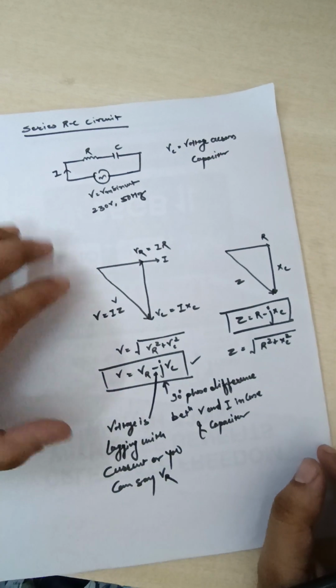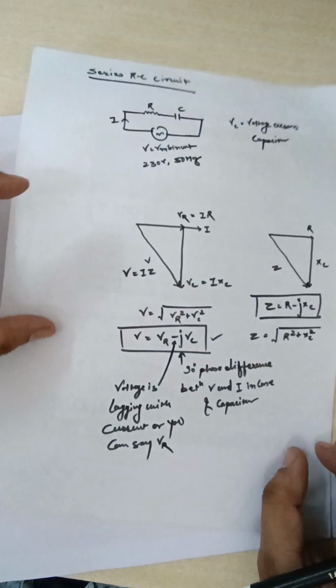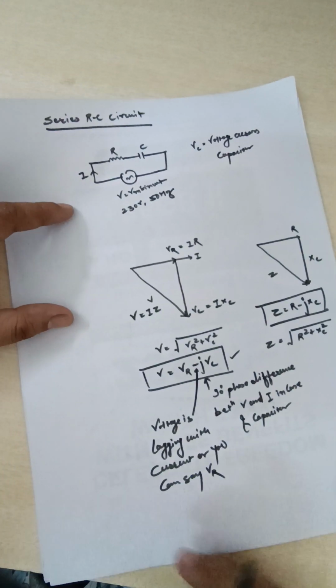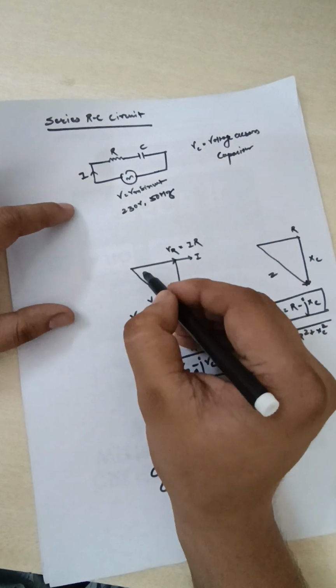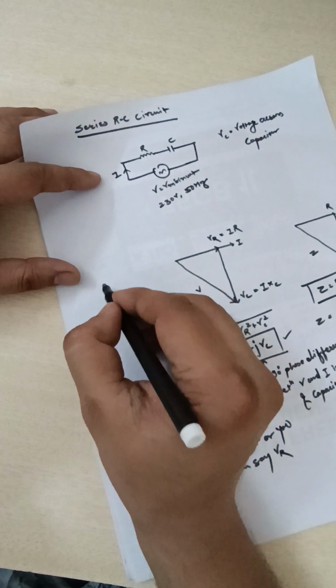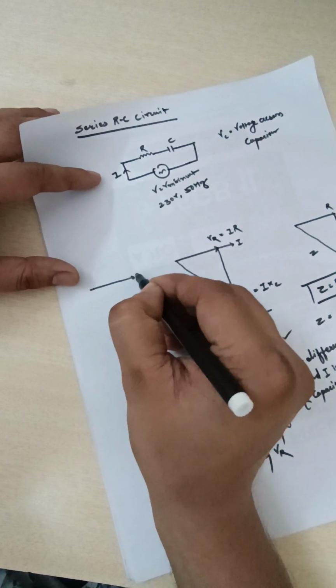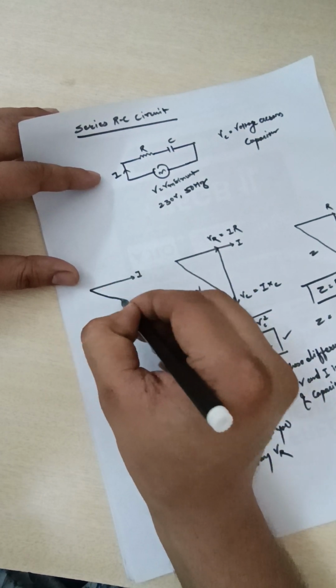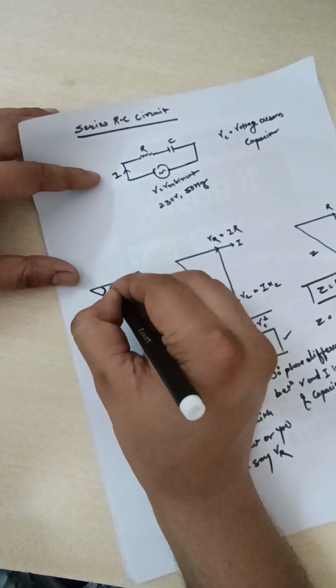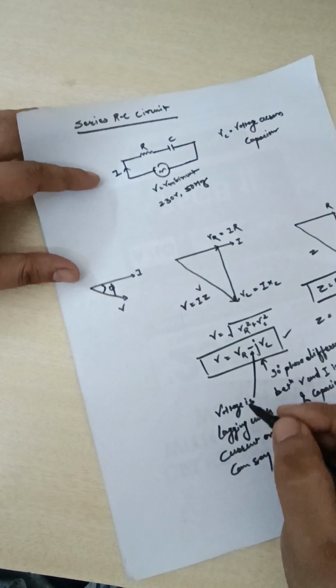So this is the simple voltage triangle and power triangle. Now we can see that voltage is lagging. If I draw this phasor diagram again, having only current and voltage, it will be current and it will be voltage. So here we can see that the voltage is lagging the current by some angle phi.